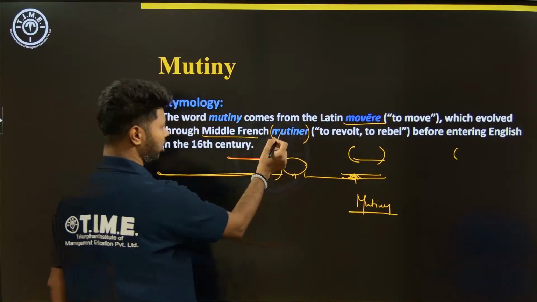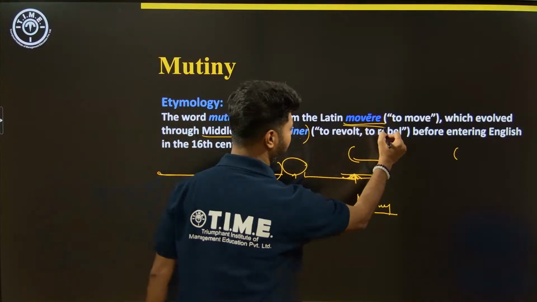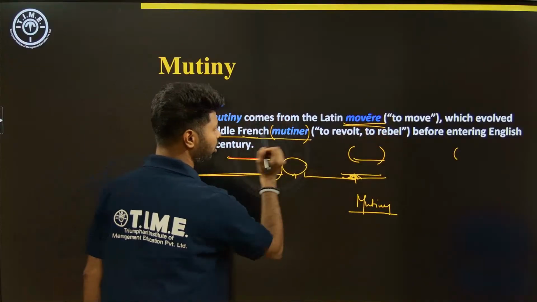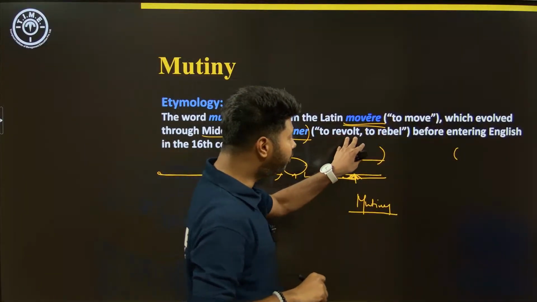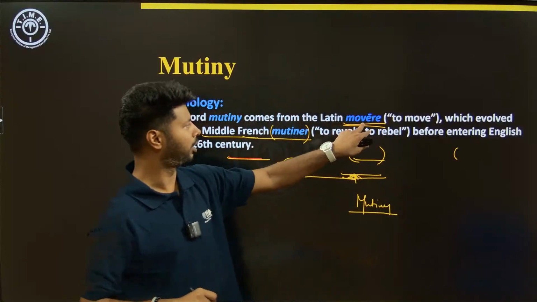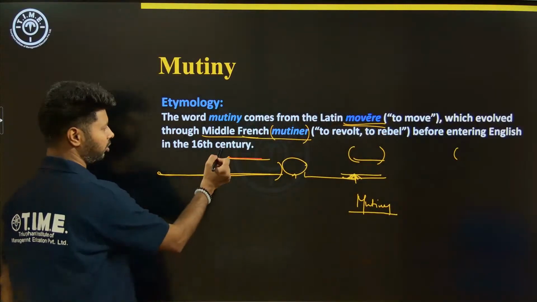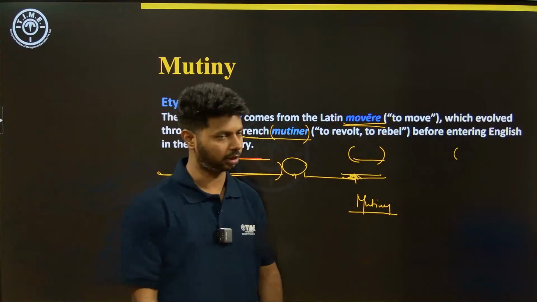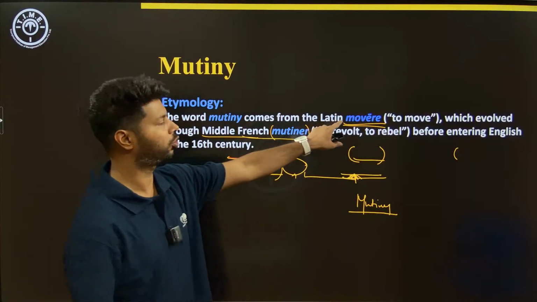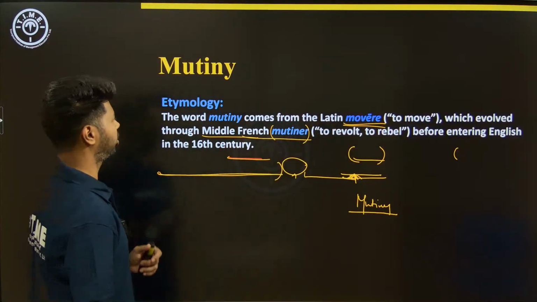So mutiner means to revolt or to rebel, and movere means to move. Before entering English in the 16th century, so the word enters English in the 16th century. Origins are from Latin to French, then to English.